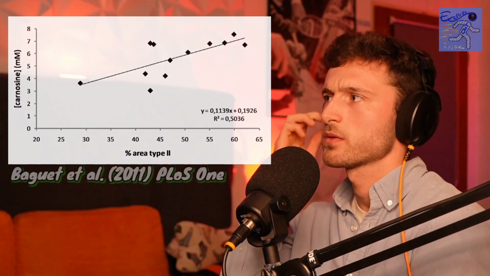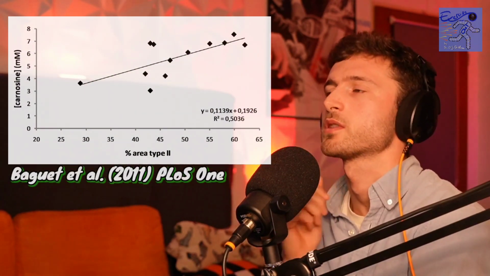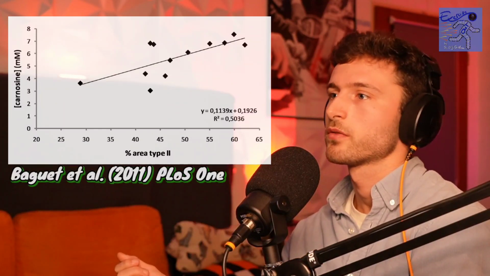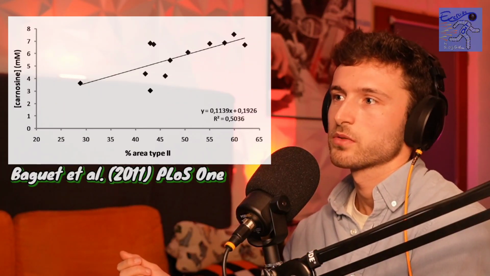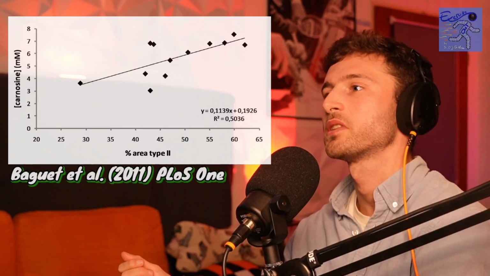The one from Audrey Baguet in 2011, I think, was like an R² of 0.50, so explaining 50% of the variance, which is not everything, but comes close. Not everything, but it's already something. And then in Kim van Vossel's study, I think it was even higher or something similar. And then in my study, it was a bit less.